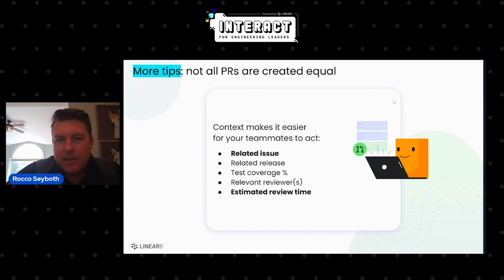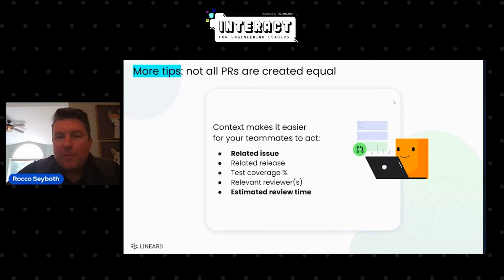And there's a way we can solve this. If you have a very small, very mundane PR that you're sending out, we don't want to treat that the same as one that is related to a Jira issue that's related to a critical feature that a lot of customers are waiting for.